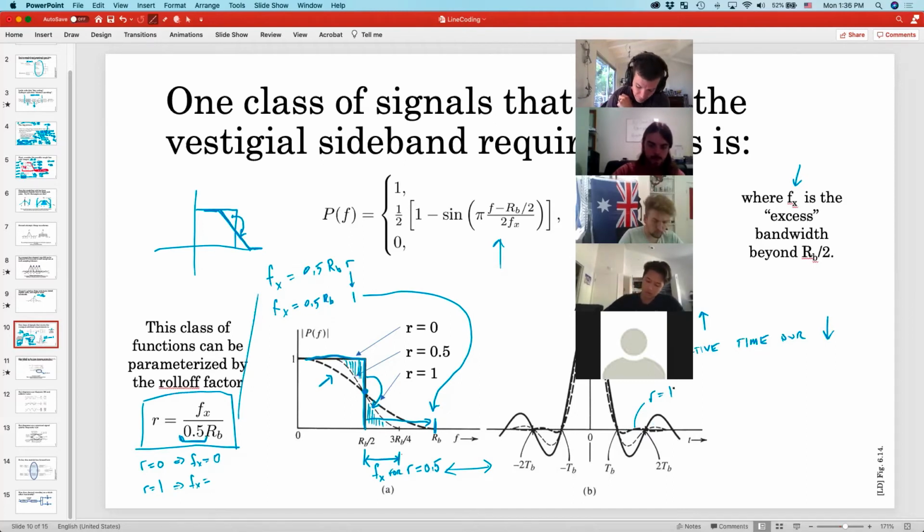And this r equals 0, that is a true sinc, right? And that's kind of what we're measuring all this against. And so, looking at these time domain waveforms, I think it's pretty persuasive that there is going to be a compromise between how much excess bandwidth you require in your frequency domain versus how much you are going to interfere with the next bit coming along.